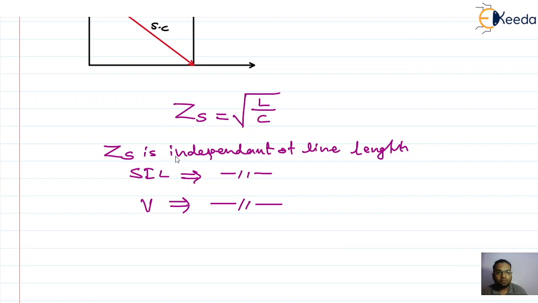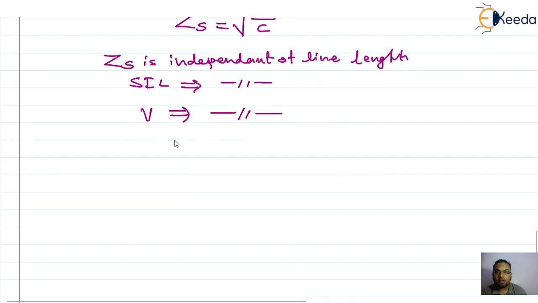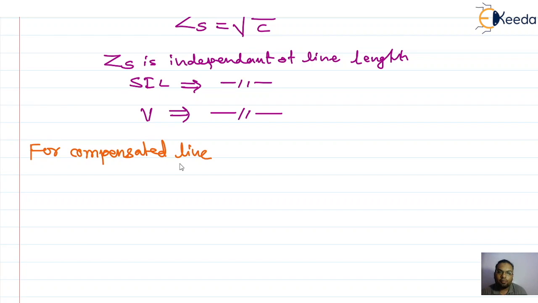Now if we have a compensated transmission line, the surge impedance is denoted as ZS dash.